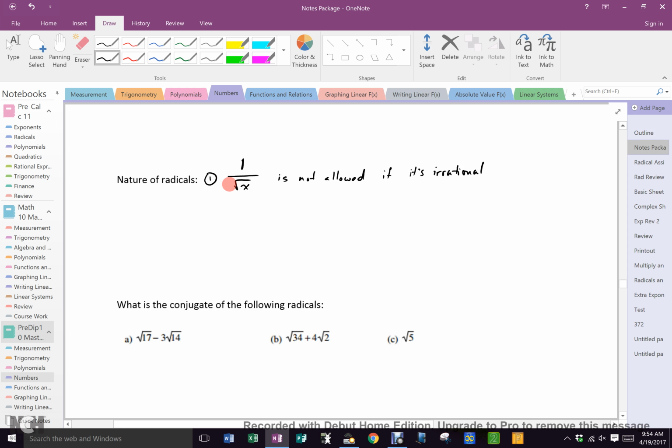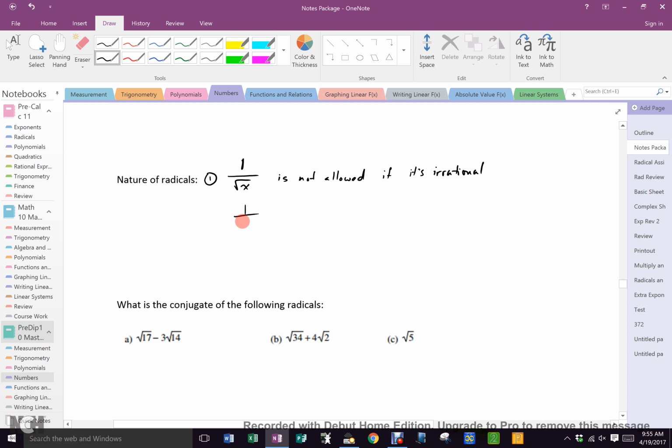Right, so I can't multiply it by x, I need to multiply it by root x. This is not allowed if it's irrational. So what must I do? If I multiply this by root x over root x, why did I have to multiply by both?